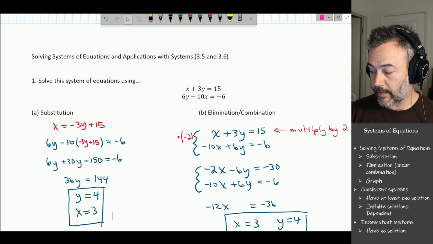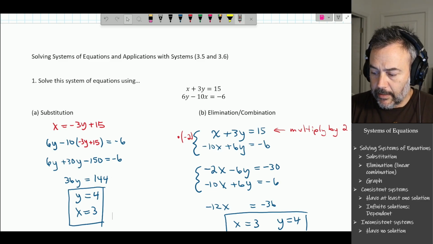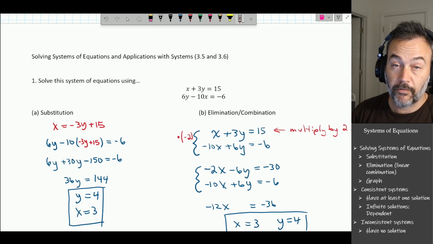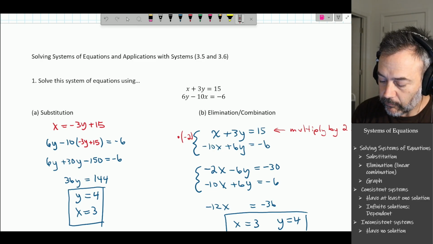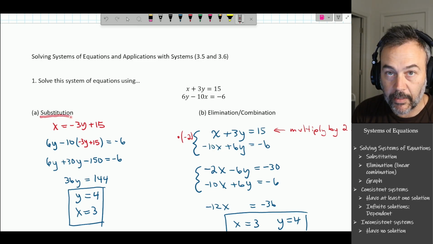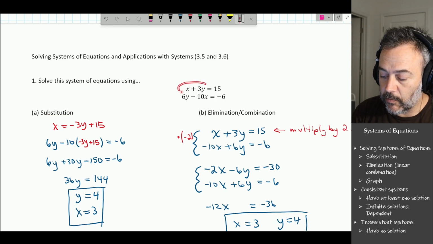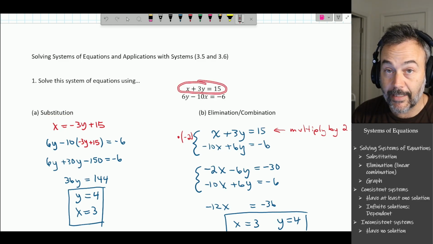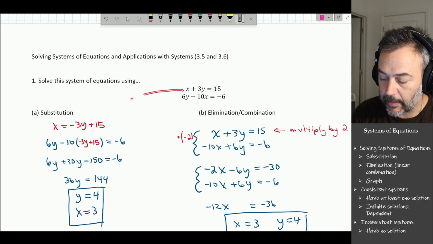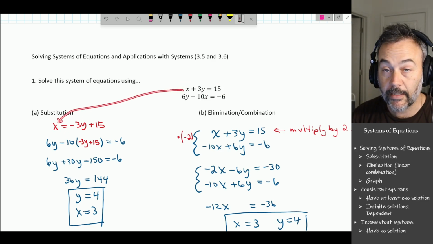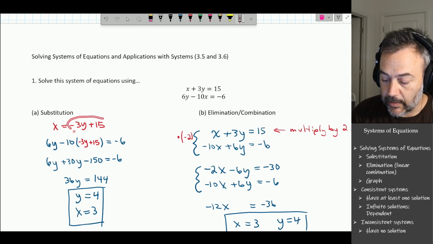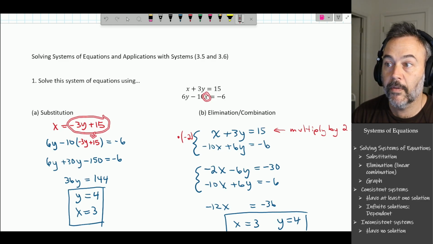So this is the example we did in class, and I'm not going to redo it here, but I want to talk through some points. The substitution method was when you rearrange one of the equations to isolate one of the variables, like you can isolate x in this equation, and it allows you to substitute this in for x in the other equation.